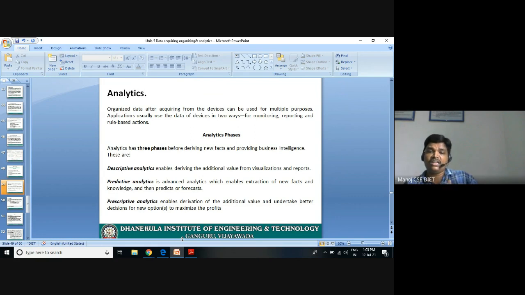Unlike descriptive analytics, which gives additional value, the prescriptive analytics additionally lets us undertake better decisions. Here, new options and new provisions will be there for you to maximize the profits regarding your business and enterprise.